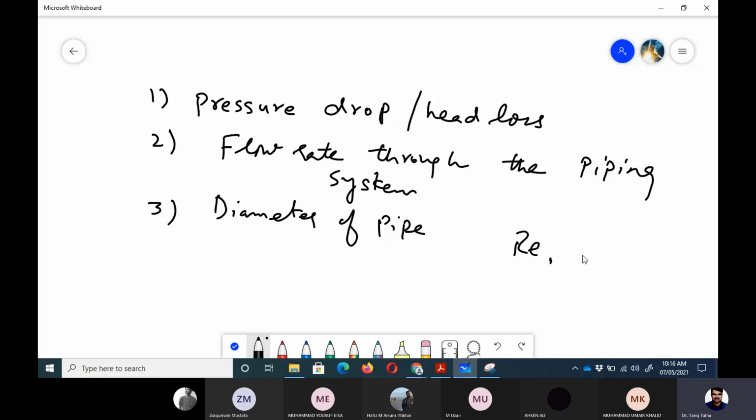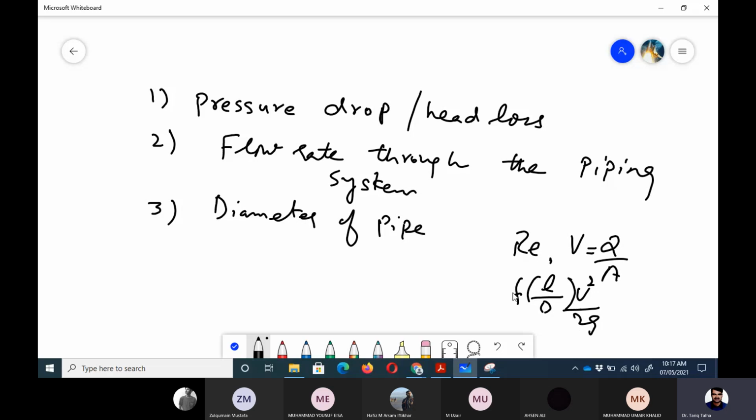Then if we want to calculate the flow rate or velocity, that is always a function of diameter, Q upon A. And if we want to calculate major losses, that is also dependent upon diameter.